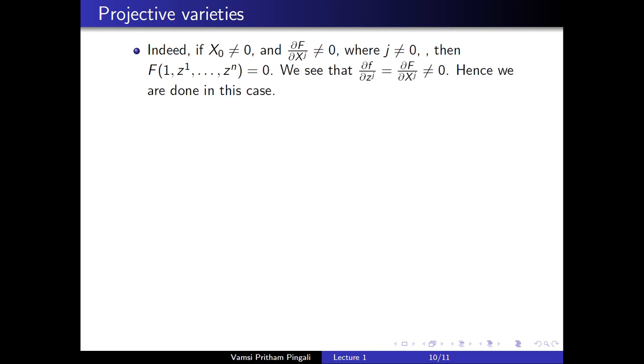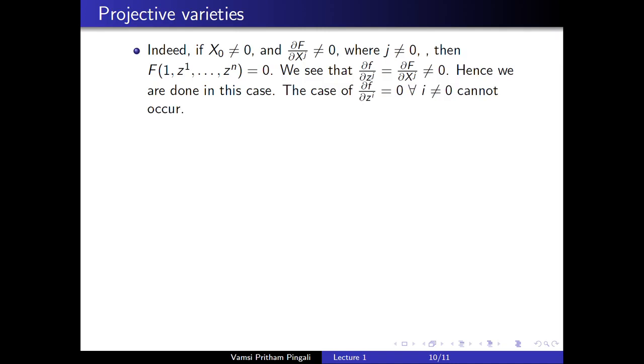Now if you take df/dzj, if you call this function little f, df/dzj of this thing is df/dxj, right? And by assumption it's not 0. So that means locally on this coordinate chart, this beast is actually a submanifold provided j is not 0.